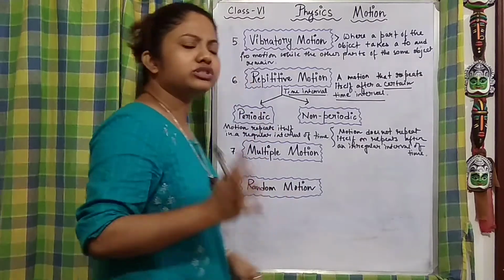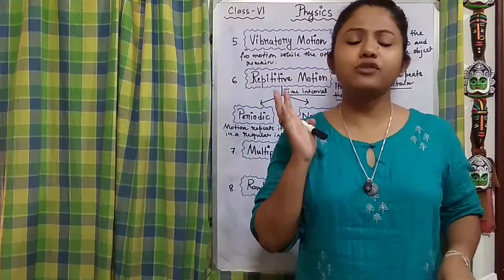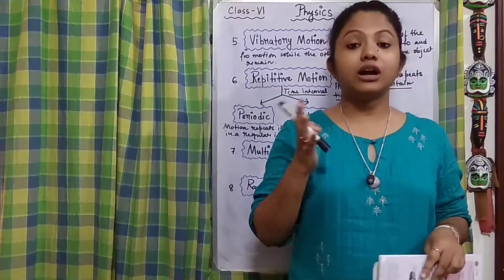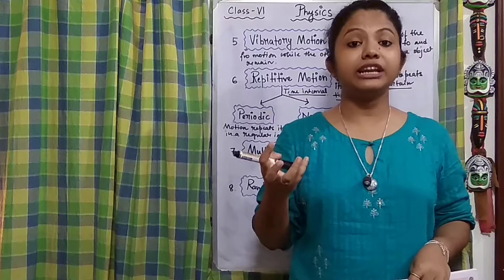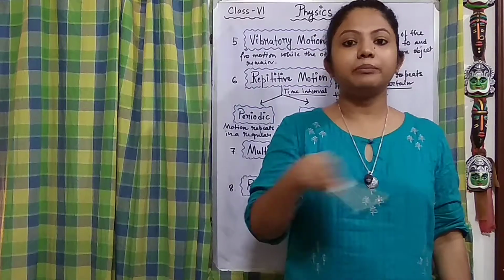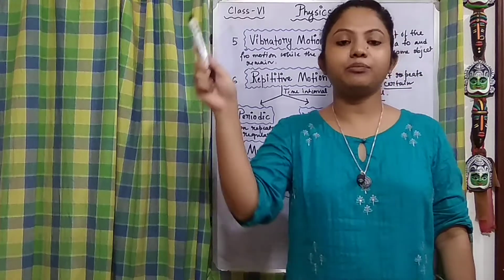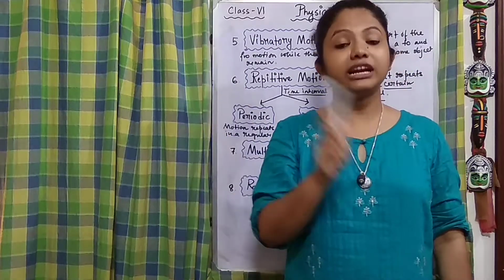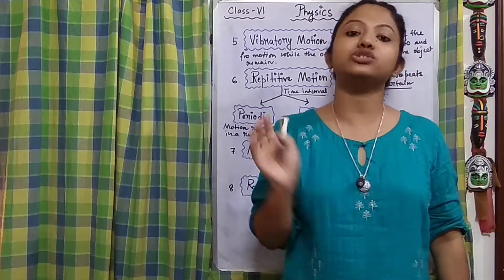Now periodic motion is very common. We already know about this. Can you guess where we can find it? In a pendulum, because the motion is repeating itself with a regular interval of time. That is the reason it has a rhythm of its own.